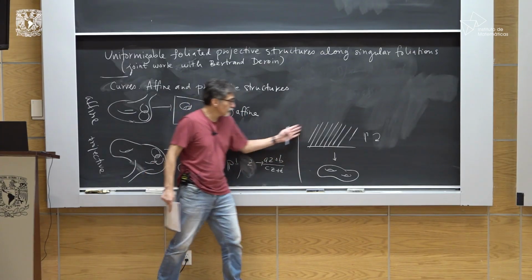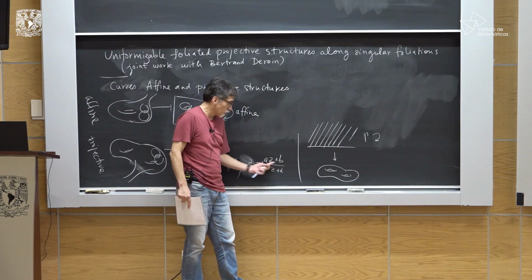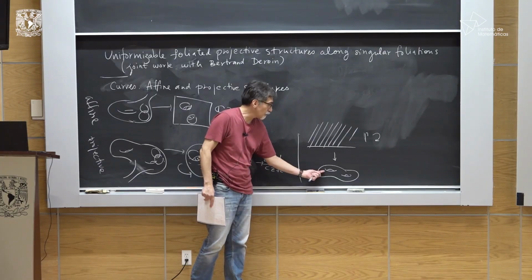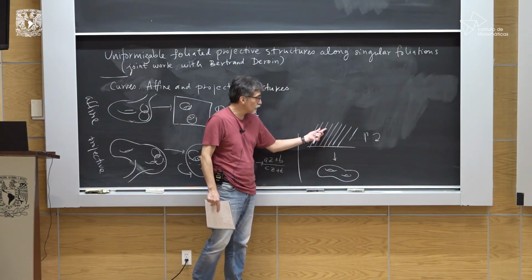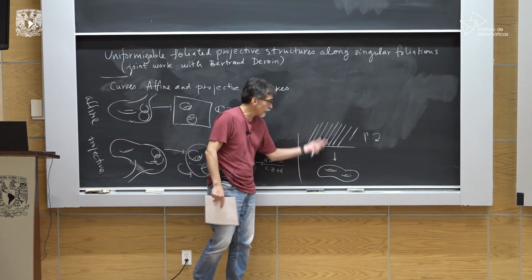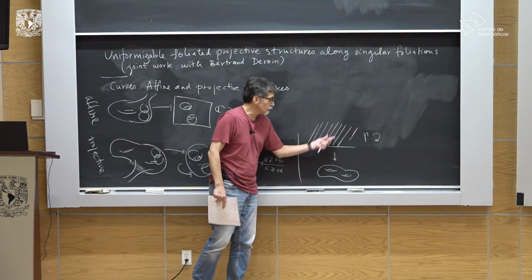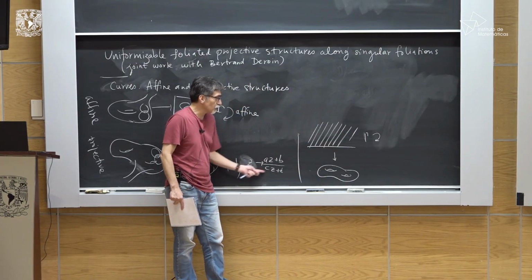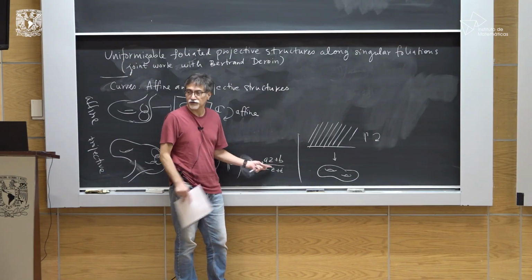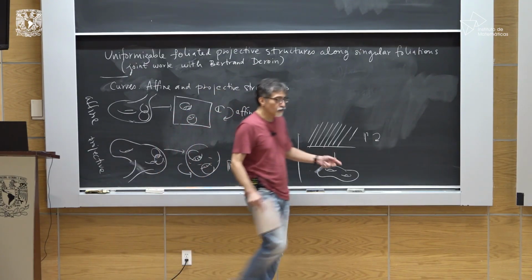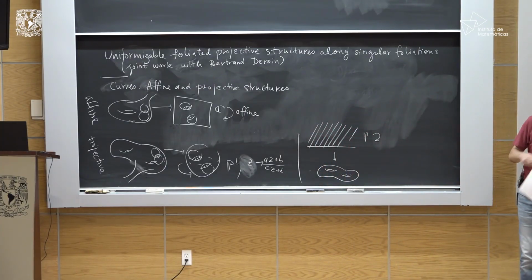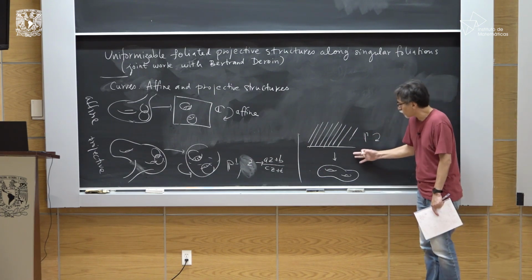Since you are acting by Möbius transformations, it means that you have a projective structure on the curve. If I have a point, I can take one of the local inverses as charts, and if I have two charts, it means that I have two different images. But since I go from one to the other by a transformation belonging to my group, I have a projective structure on my curve. This is a sort of expensive way to produce projective structures. There are cheaper ways, but this is a very important source.